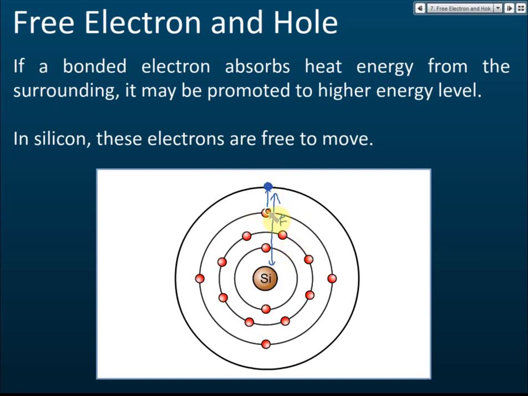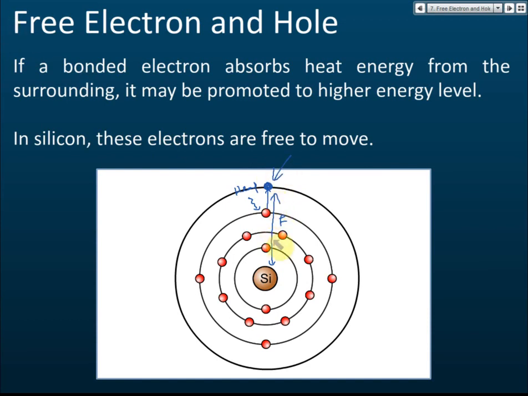So when this electron, which is initially here and not free to move, absorbs heat energy, it will jump out to another shell and then it becomes free to move. Then it can conduct electricity.